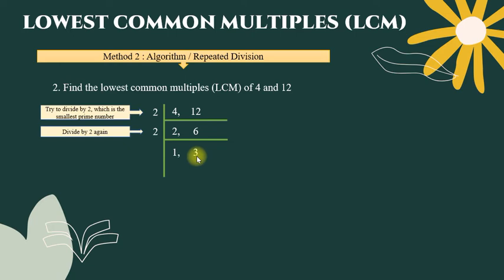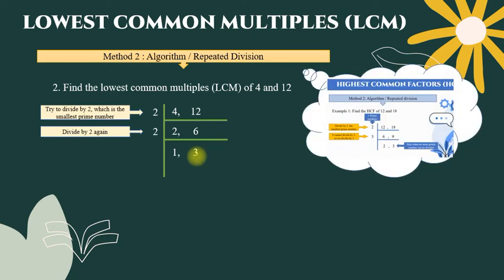If you remember the previous lesson on HCF, you stop when no more numbers can be divided. But for lowest common multiple, you have to divide until you obtain 1 at the last.